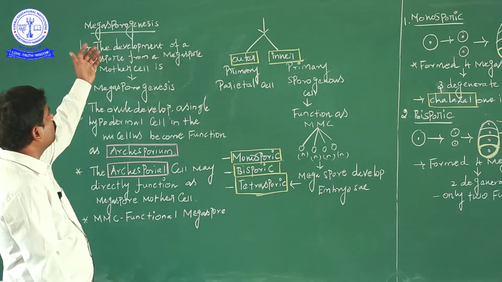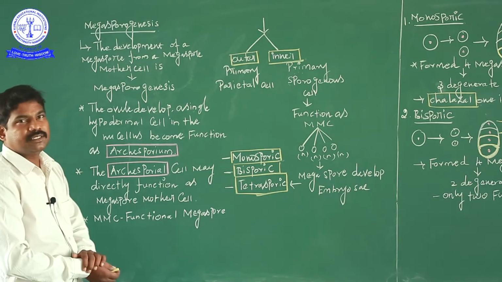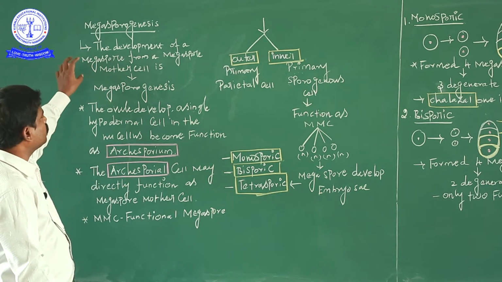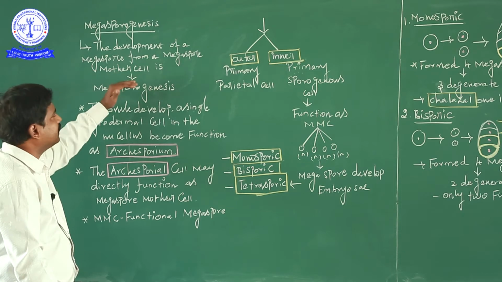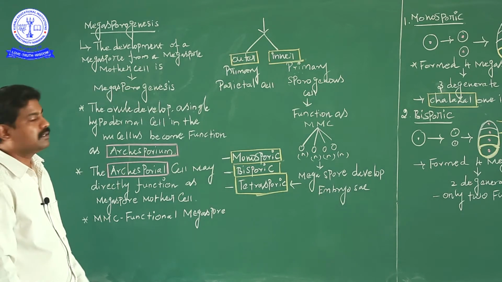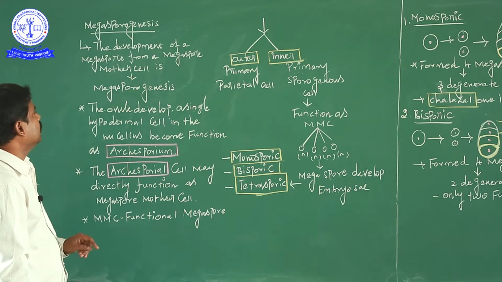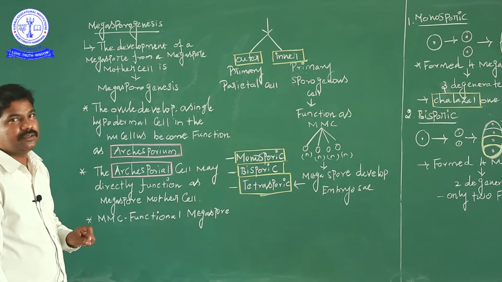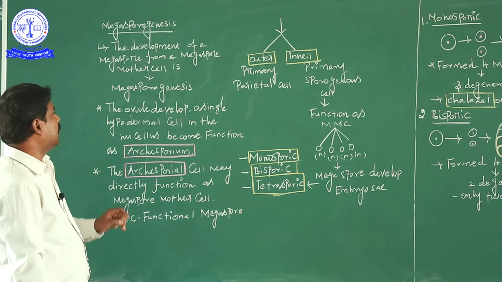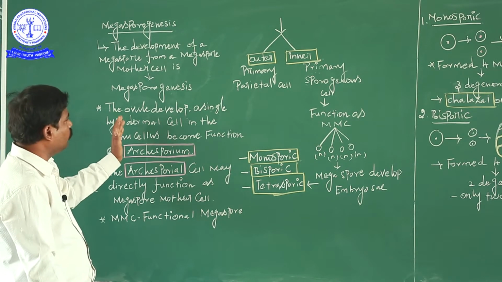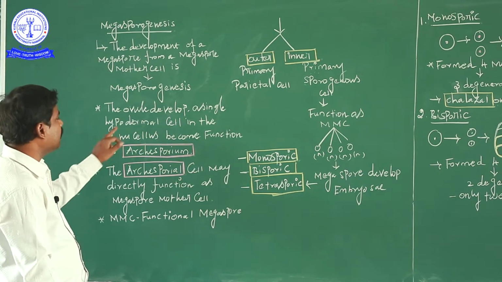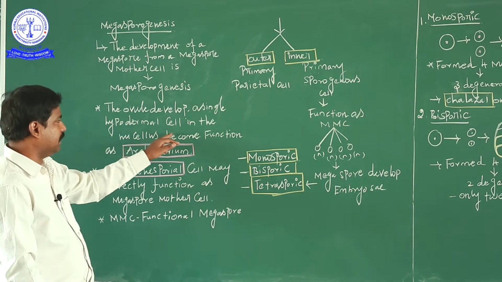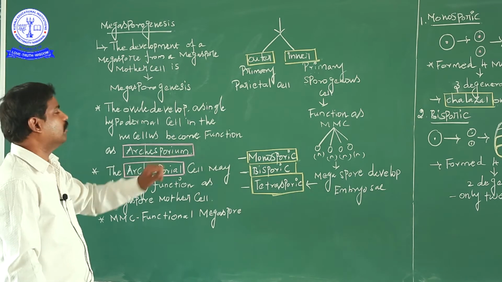The next topic, megasporogenesis. Mega means large, and this is the development of the megaspore, forming a megaspore mother cell or MMC. That is called megasporogenesis. As the ovule develops, a single hypodermal cell in the nucellus becomes functional.